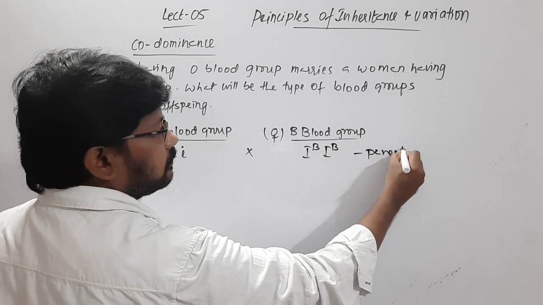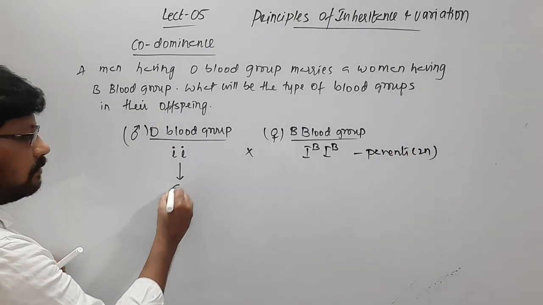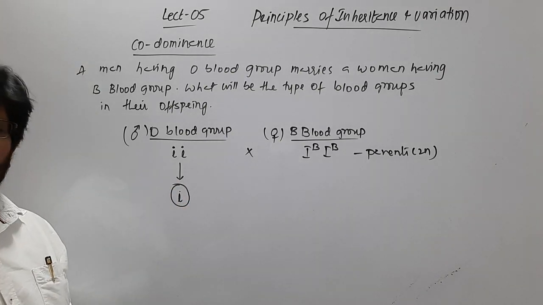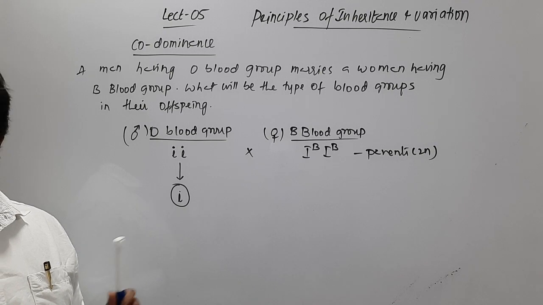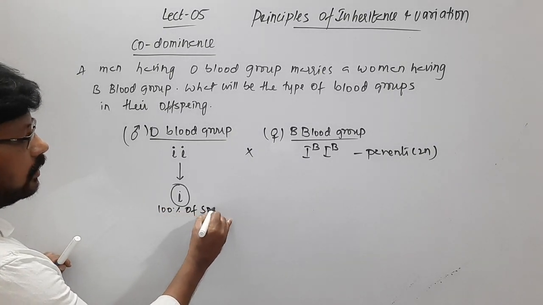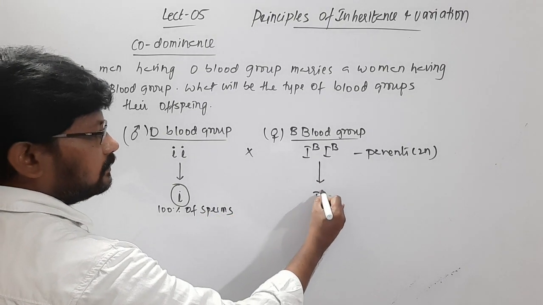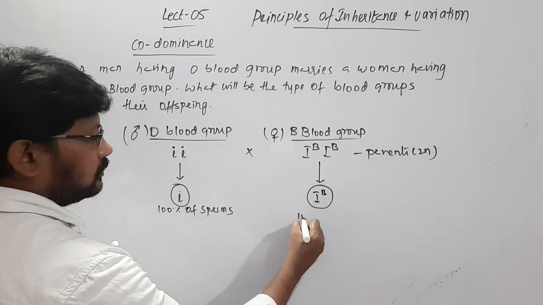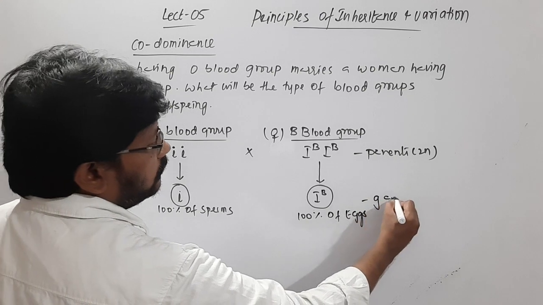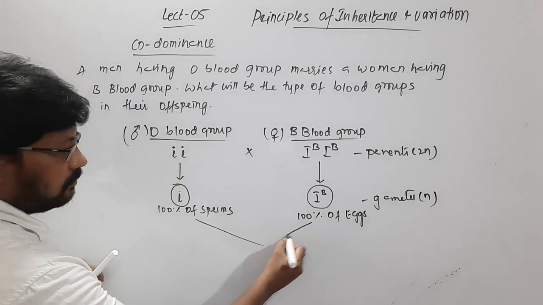So parents are 2N. Now during the formation of gametes, the male will all the time produce sperms having only small i, 100% of sperms. And the woman will also have only IB, so this will be 100% of eggs. So gametes are N.